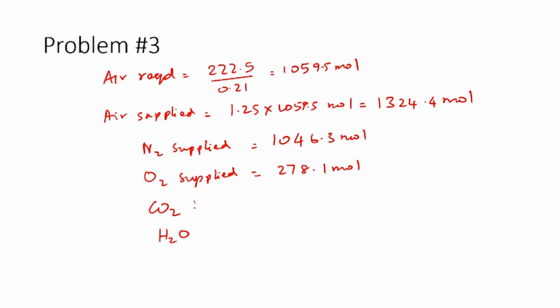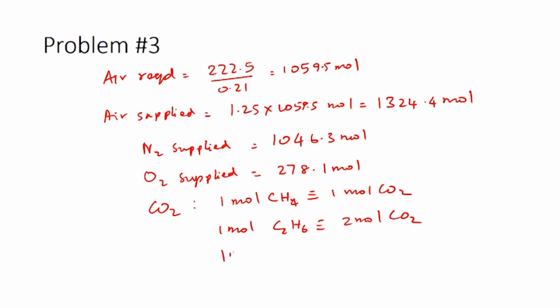So, to calculate the moles of carbon dioxide, we will use the stoichiometry, and 1 mole of methane produces 1 mole of carbon dioxide, and 1 mole of ethane produces 2 moles of carbon dioxide, and 1 mole of propane produces 3 moles of carbon dioxide.